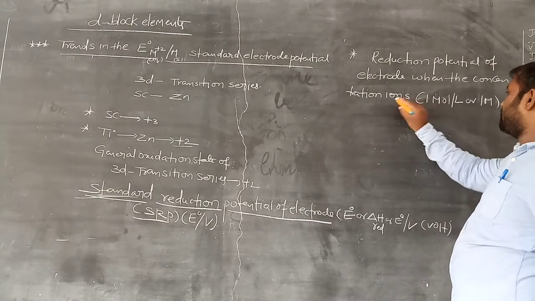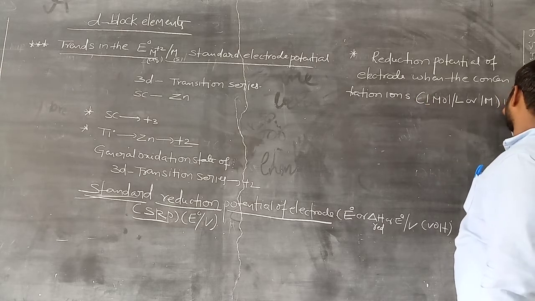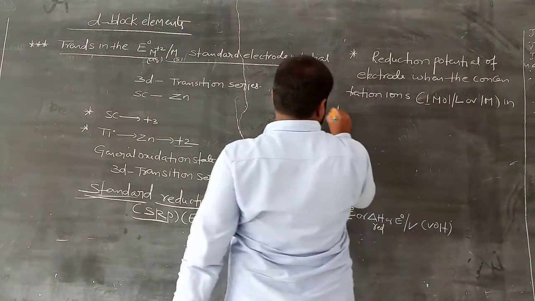What is the concentration of ions? 1 molar in the solution.